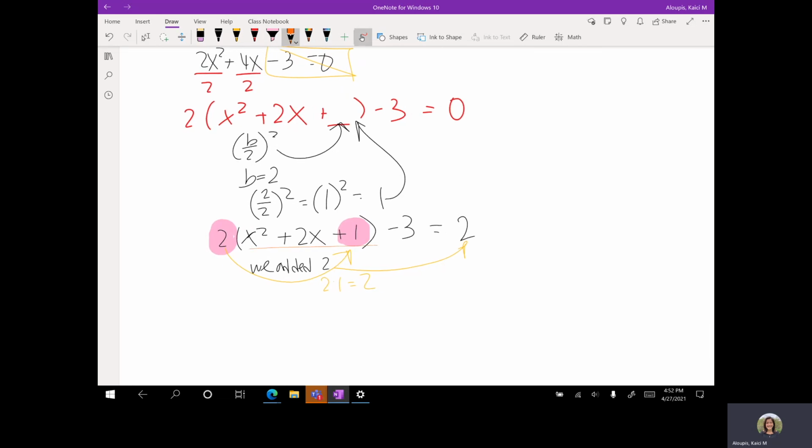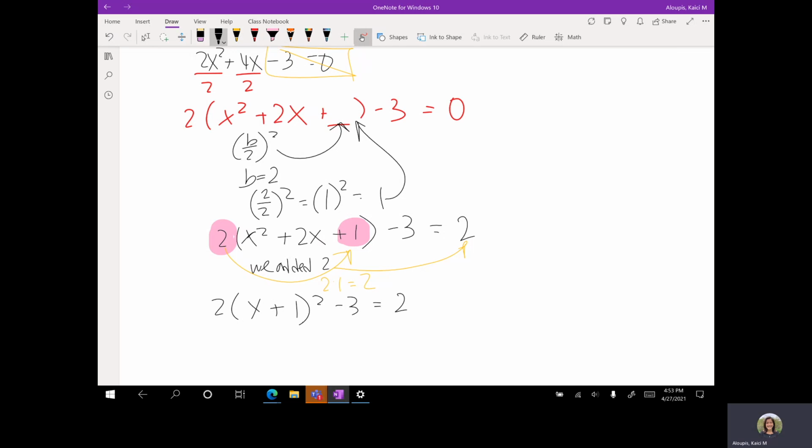We just created that perfect square. This looks like 2 times x plus 1. Remember how the factor that goes in the parentheses is b divided by 2. b divided by 2 was 1, so that's where this 1 came from. Minus 3 is equal to 2.